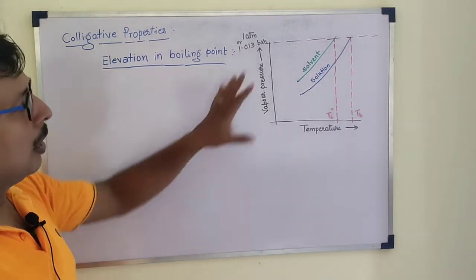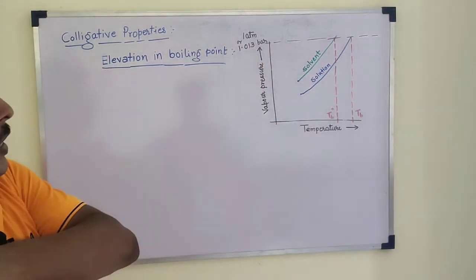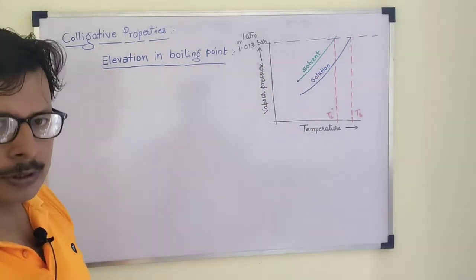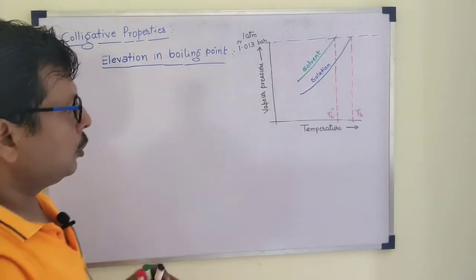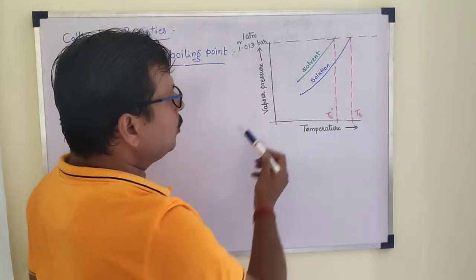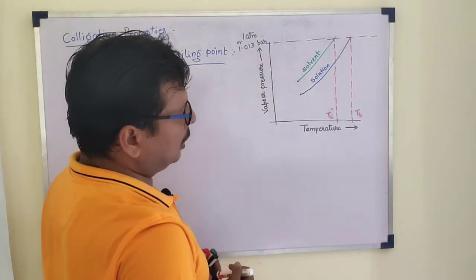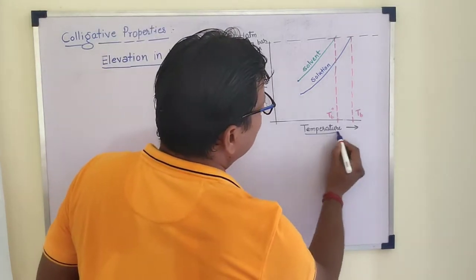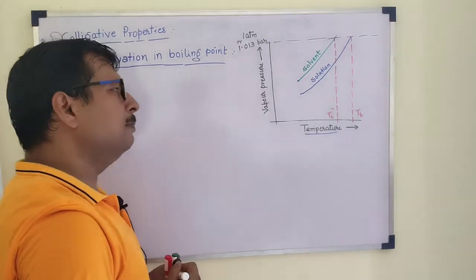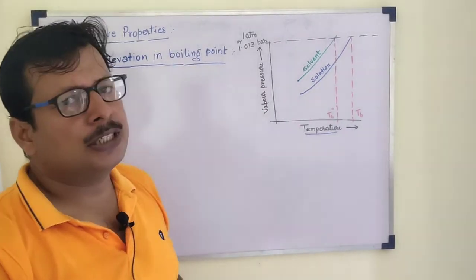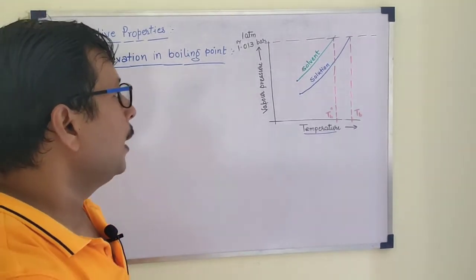Okay, I plot a graph here. What this graph actually shows, if you see, along the y-axis we plot vapor pressure and along the x-axis we plot temperature. It's a simple graph between vapor pressure versus temperature.